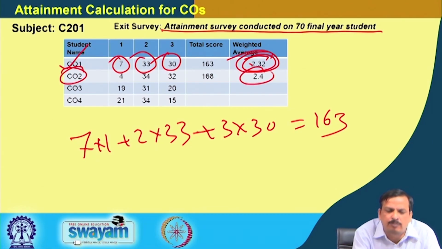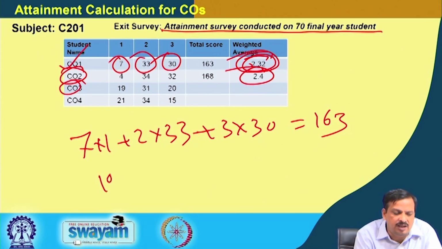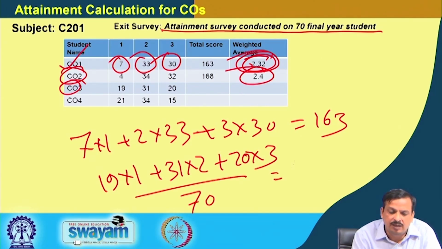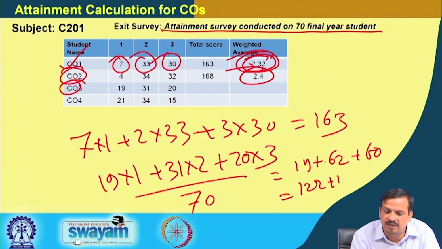attainment level of CO2 is 2.4. Let us calculate the attainment level of CO3: 19 into 1 plus 31 into 2 plus 20 into 3, divided by 70. How much is coming? 19 plus 62 plus 60, so it is 122 plus 19, that is 131 divided by 70.